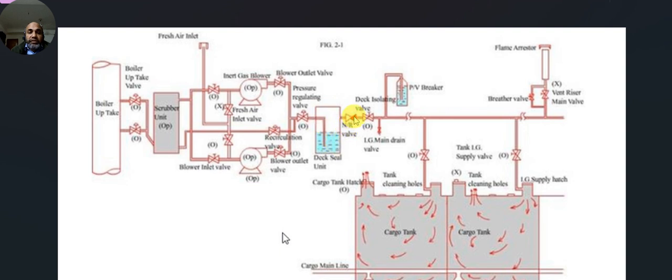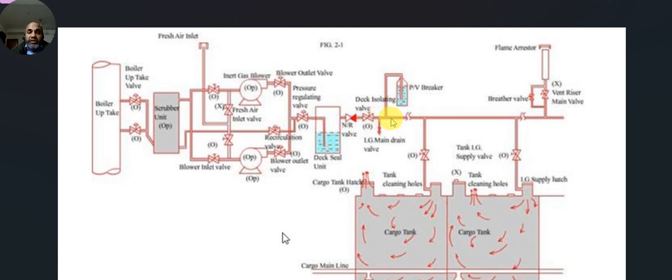And you see, here is a non-return valve, and this is also a non-return valve, so that the gas that comes here doesn't go back to the engine room. From here, this gas comes through the water, comes out into the empty space, and then through the non-return valve and the deck isolation valve, it comes to the deck.